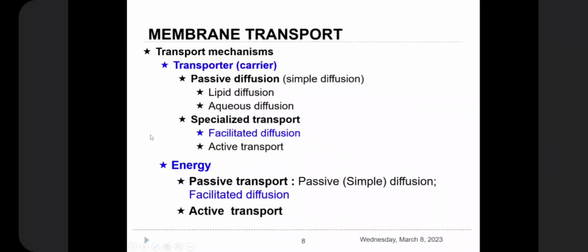Later I will talk about it according to the energy, but here you should understand two major categories. First one is passive, and the next one is active. Passive means this transport has no energy input. All the force comes from the drug itself, so the body does not need to supply energy to complete the transport.